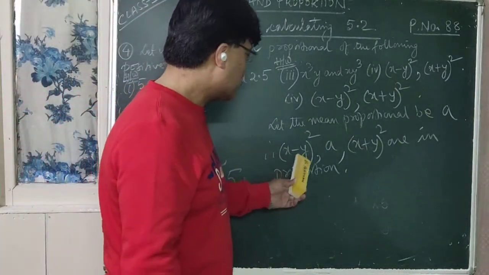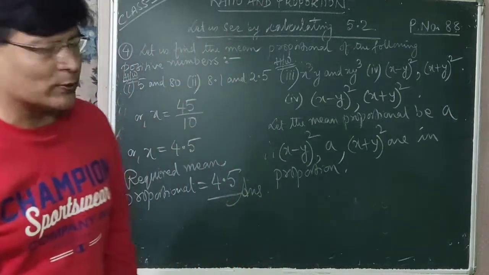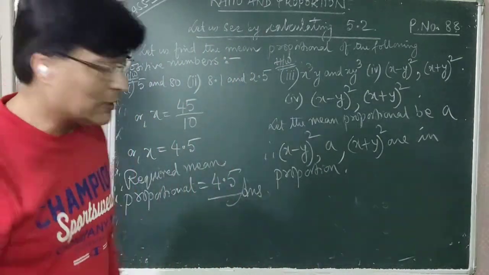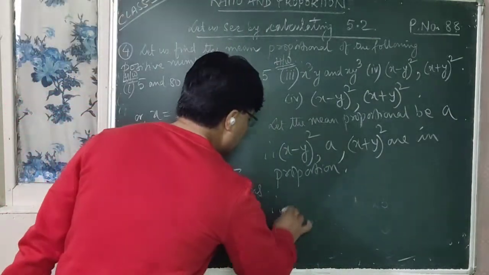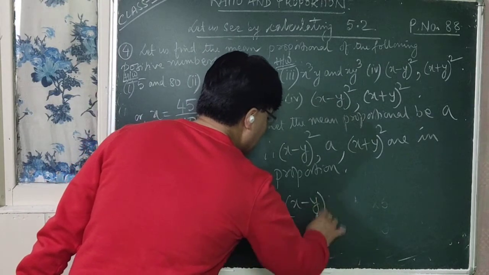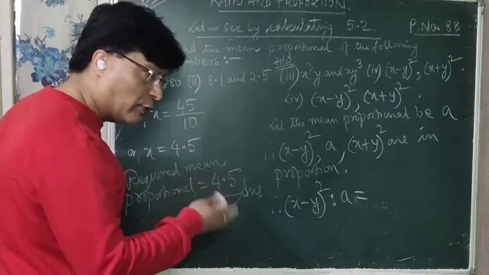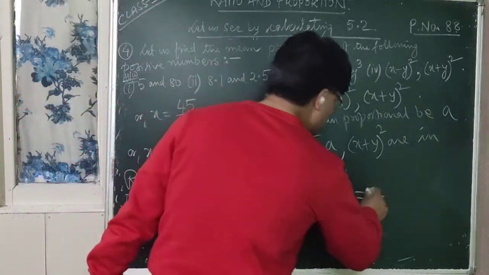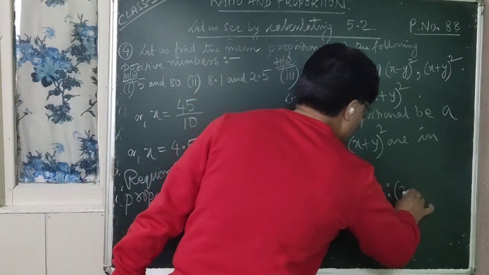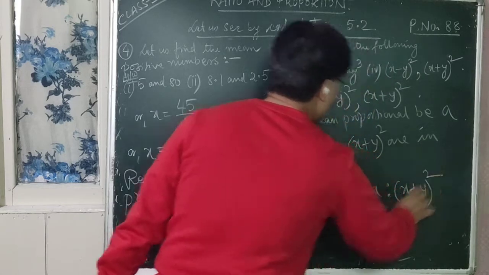So x minus y whole square comma A comma x plus y whole square are in proportion. Okay, so what can you write from the definition of mean proportional? X minus y whole square is to A is equal to, now A is repeated again for the second ratio, A is to x plus y whole square.